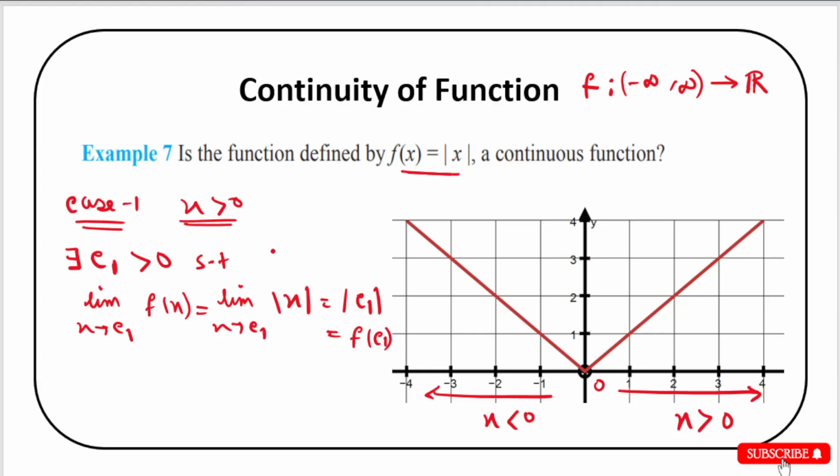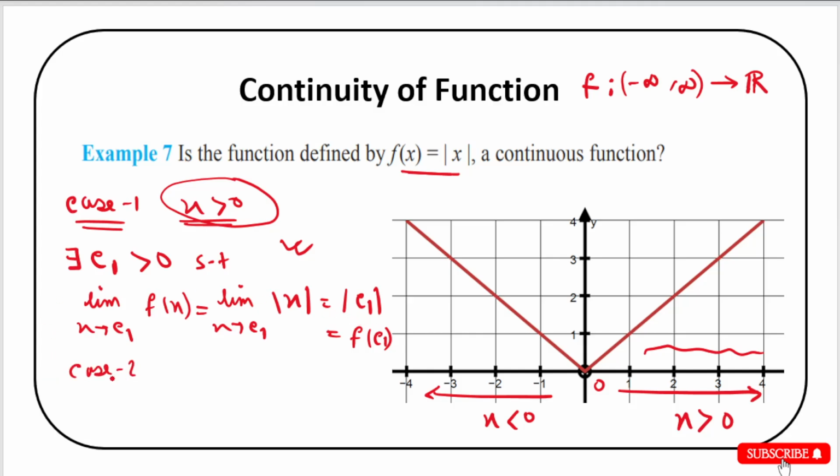This is case 1, which shows that the function is continuous when the domain is x greater than 0. So if you are considering only this portion, you can show that there always exists a real number c1 which is greater than 0, for which the limit of the function is equal to the value of the function, right?